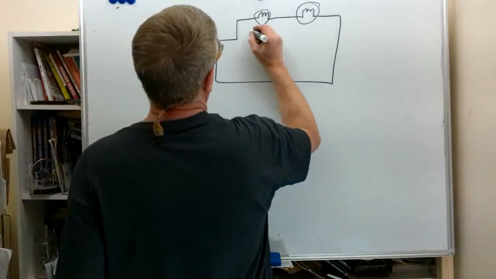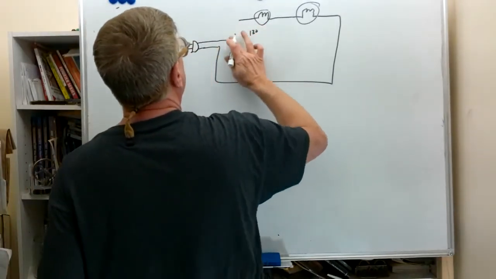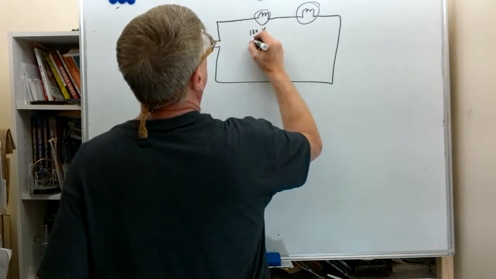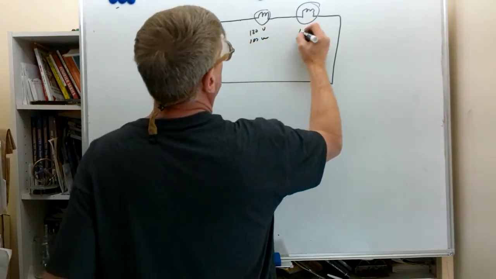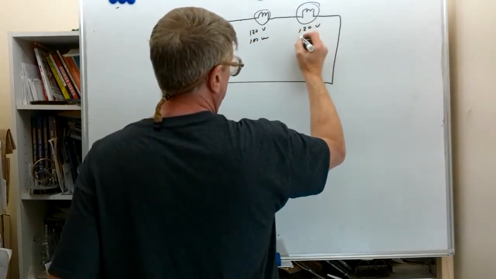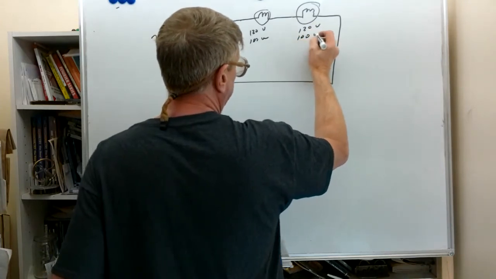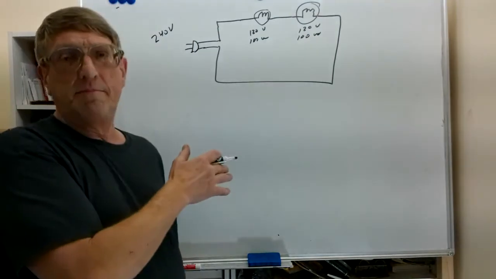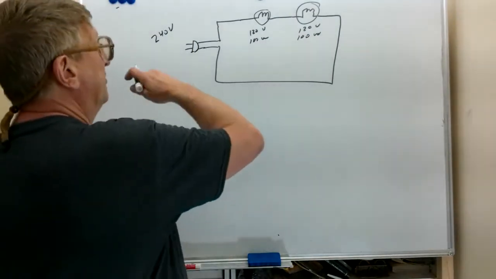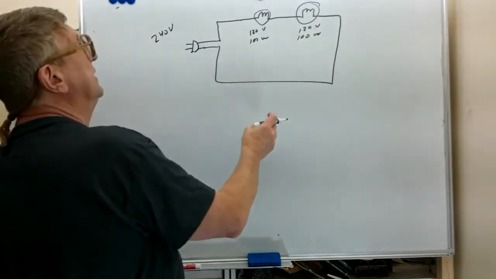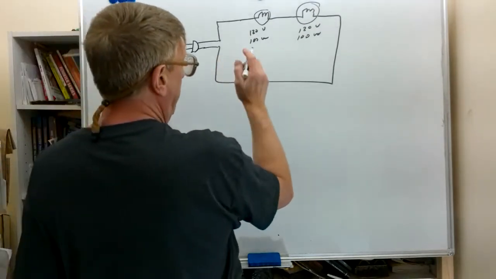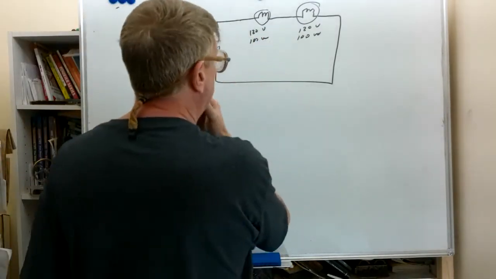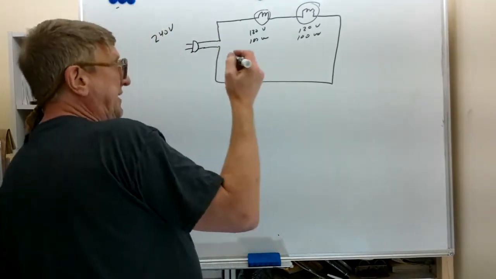This is a 120 volt, 100 watt light bulb, and another 120 volt, 100 watt light bulb. Now, because these are identical light bulbs and they're designed for the same amount of current, because they're both 100 watts and 120 volts, they should have the same resistance. Let's quickly calculate that.